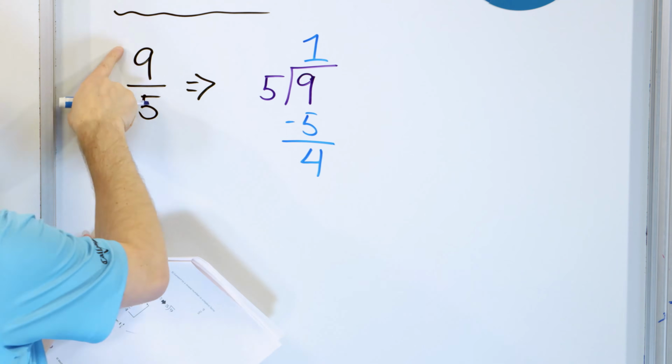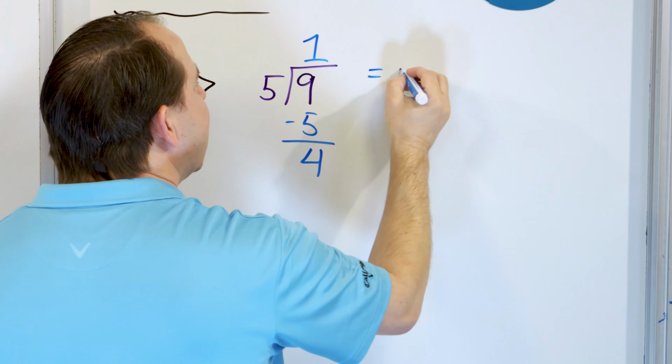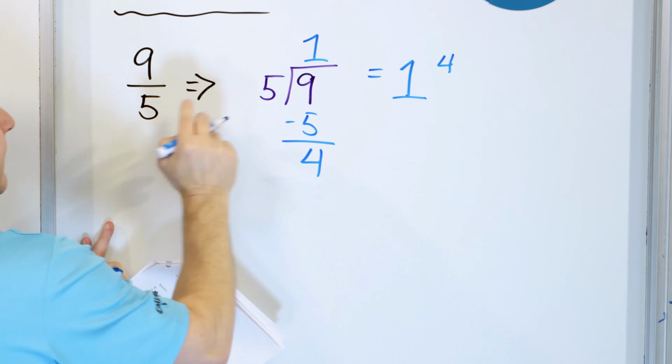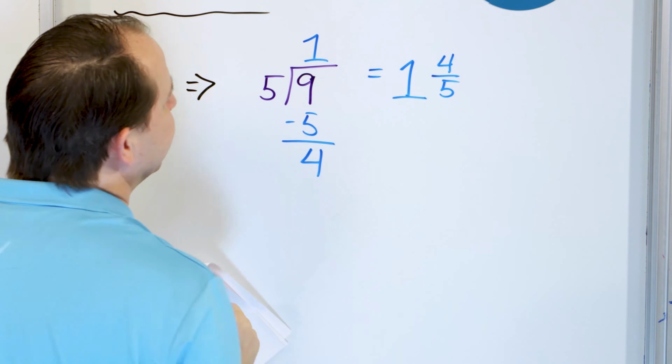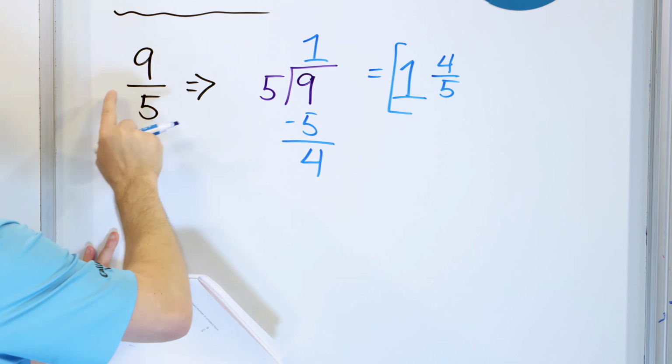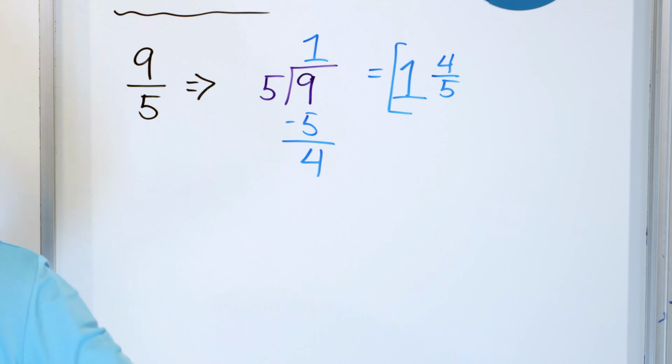So when we divide this, it goes one whole time with a remainder of 4, and we just put it over the same denominator, 1 and 4/5. So this improper fraction of 9/5 is exactly the same thing as 1 and 4/5.